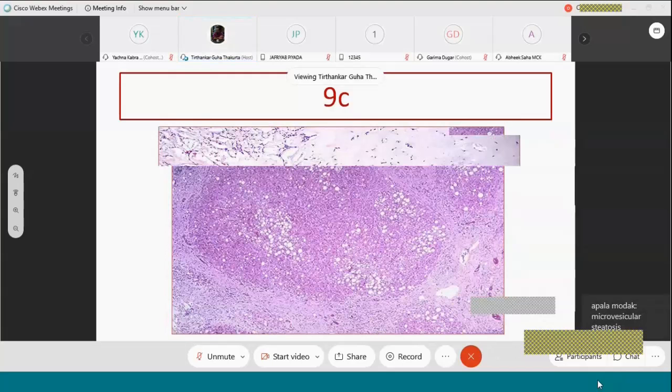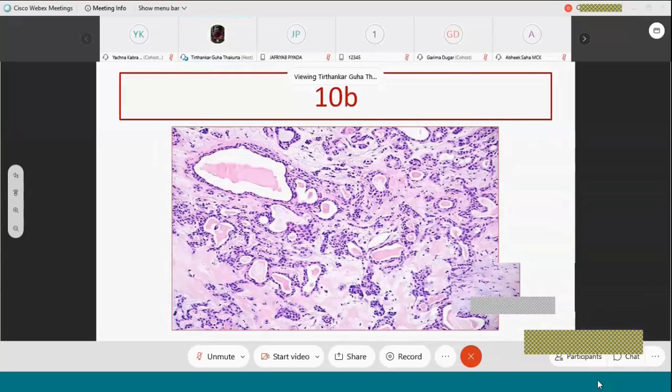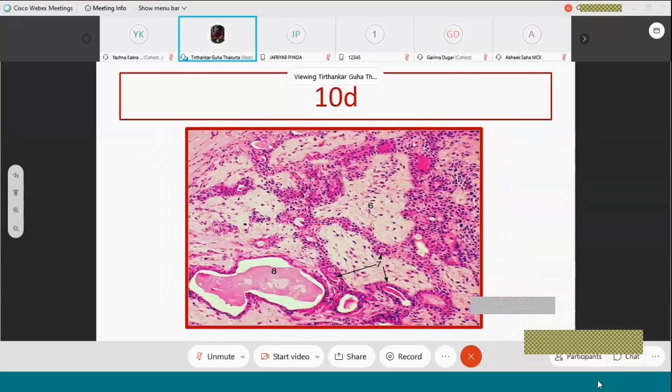What is your diagnosis here? You can find glandular elements, cellular elements, and chondromyxoid elements. Very good. This is pleomorphic salivary adenoma.